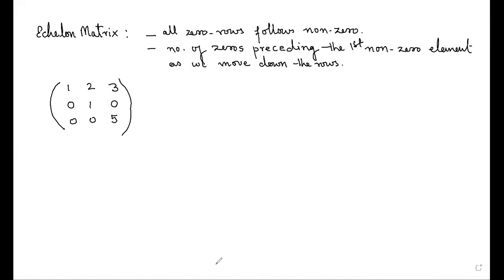Before the first non-zero element, how many zeros are there?